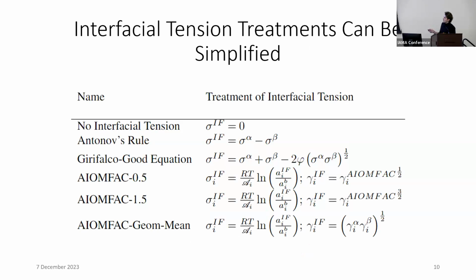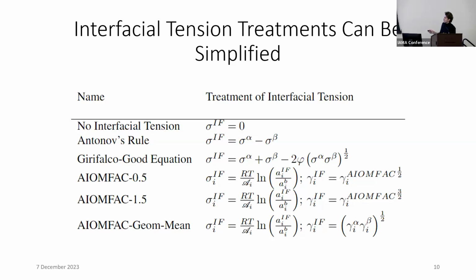Then we use Antonov's rule, which is an older parameterization for interfacial tension, where it's the difference between the aqueous phase surface tension and the organic phase surface tension. Then we looked at the Girifalco-Good equation, which is born out of Antonov's rule, and it's slightly more complex, but it relies on the geometric mean of the two phase surface tensions and this value phi here.